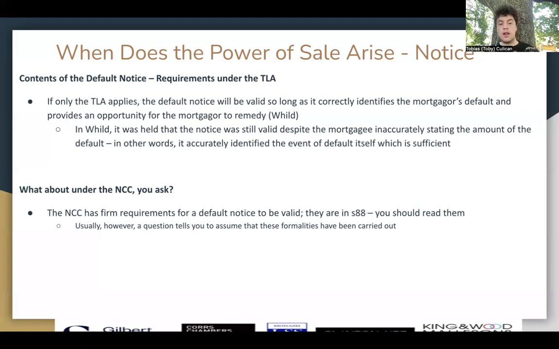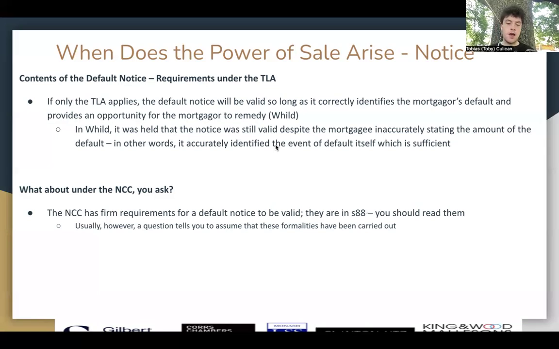In other words, it accurately identified the event of default, which is sufficient, but it just misstated the amount of arrears. It said that the mortgagor was in default by $6,000 when it was $4,000, something like that. Still valid. What about under the NCC, you ask?